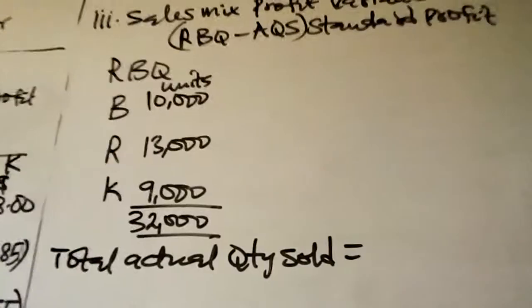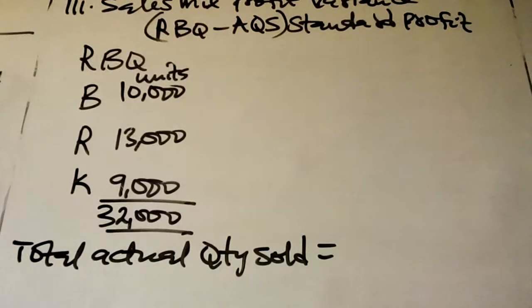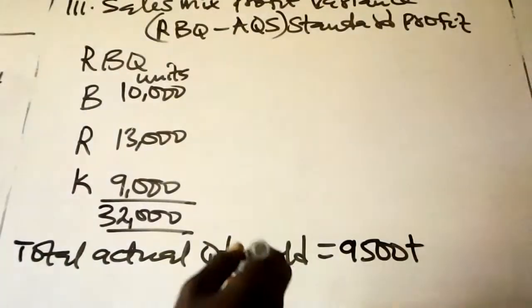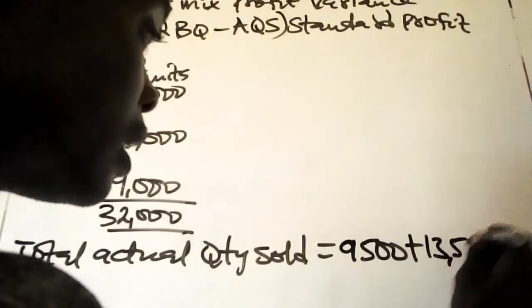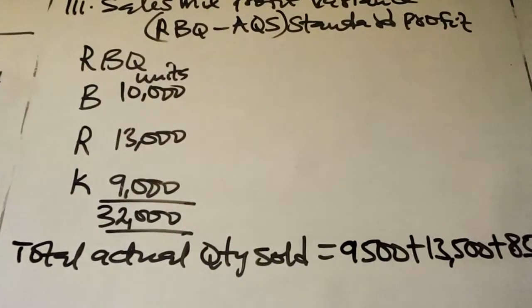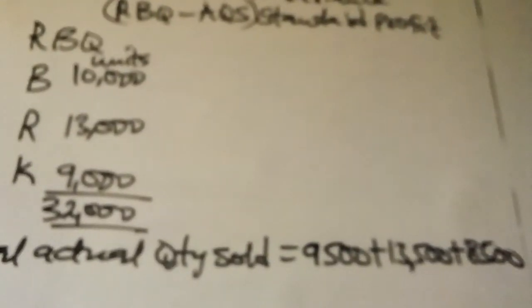You sum it up: 9,500 plus 13,500 plus 8,500. The total is 31,500 units.